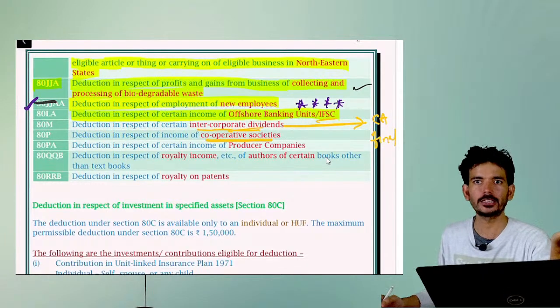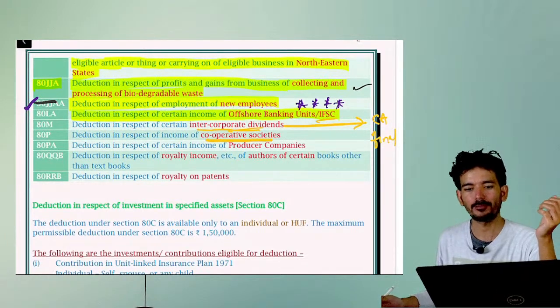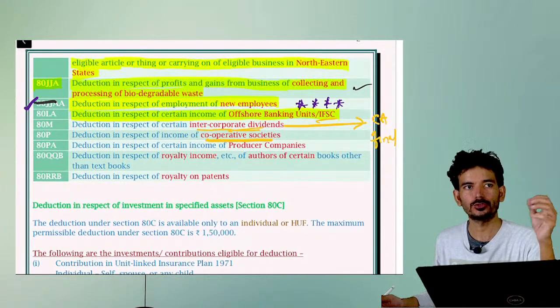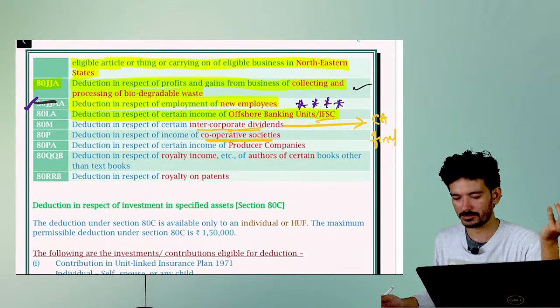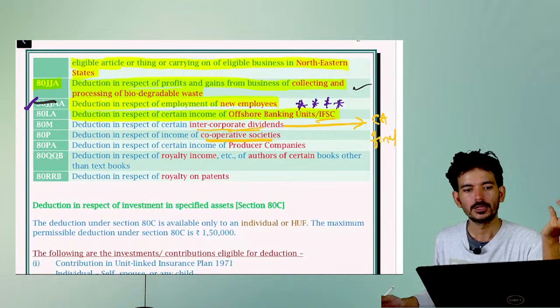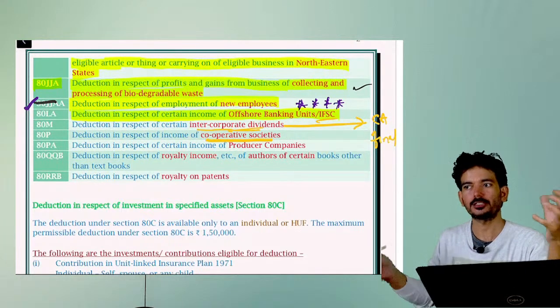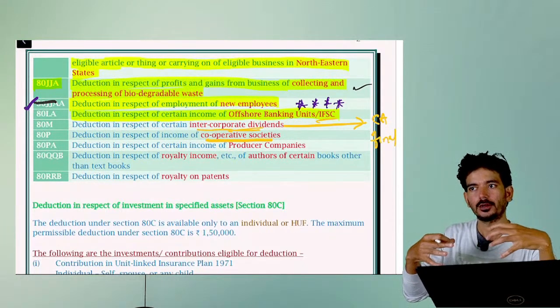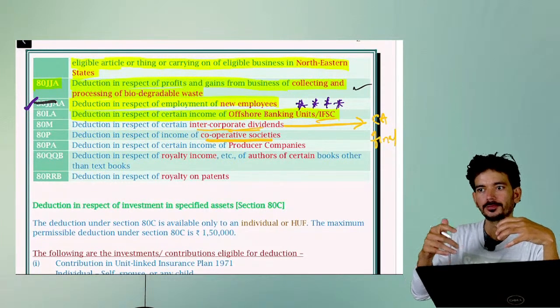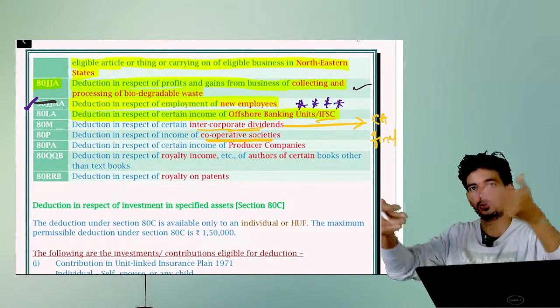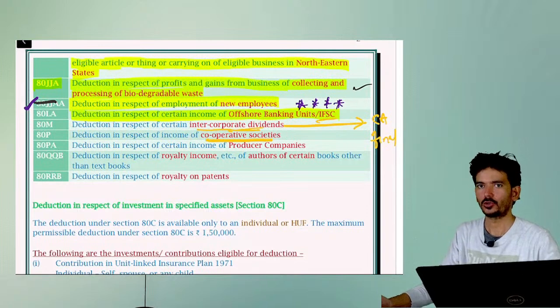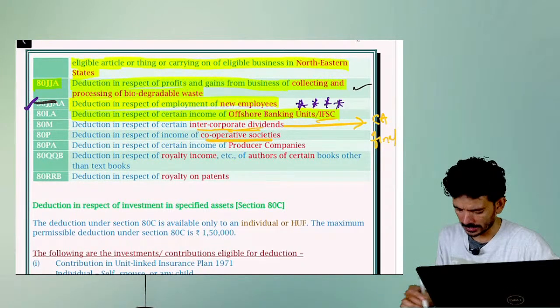India is predominantly agricultural, and the government always tries to encourage farmers, the agricultural sector and cooperative societies, helping them grow in their respective businesses. So for them also a lot of deductions are given.